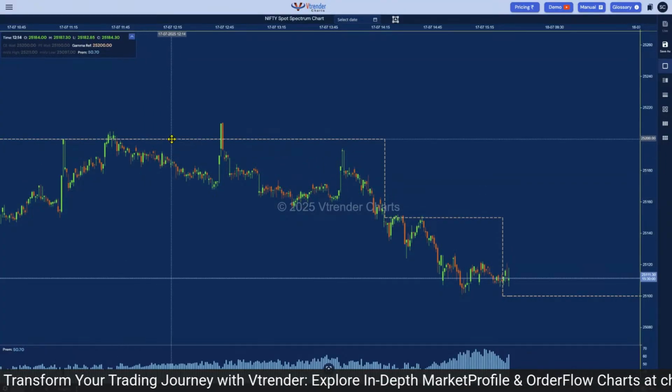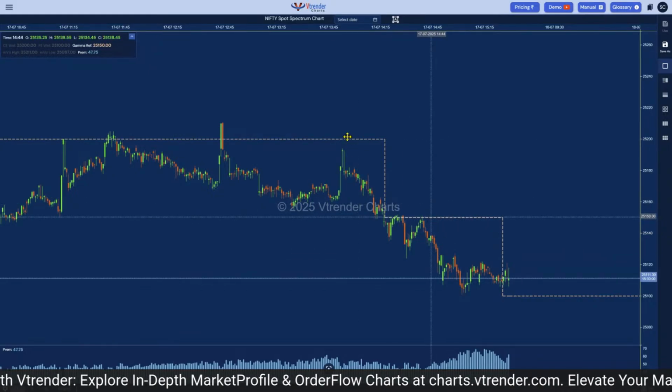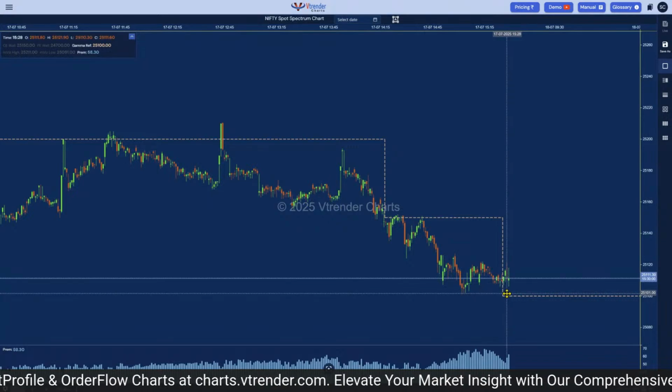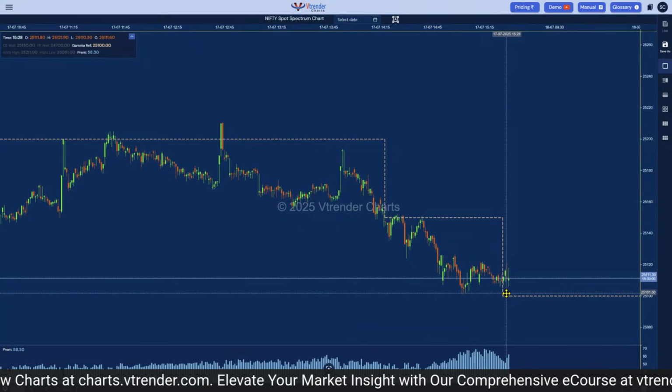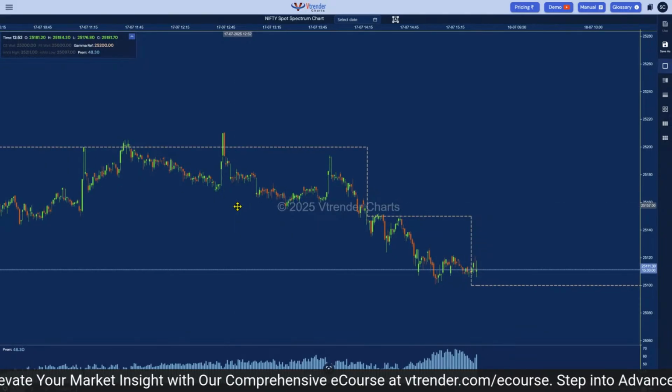This was at 25,200. It went up to about 25,250, and it came down to close at 25,100, right? This is the gamma zero level where the market is expected to close. Now this is a dynamic number which keeps changing.